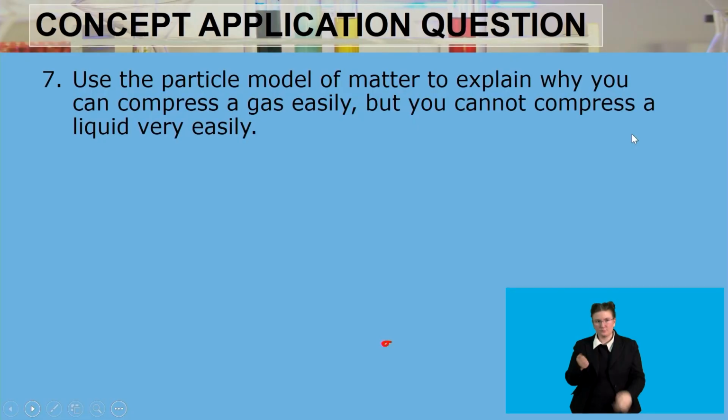Next question. We now need to use the particle model of matter to explain why you can compress a gas easily, but you cannot compress a liquid very easily. So why is that the case?